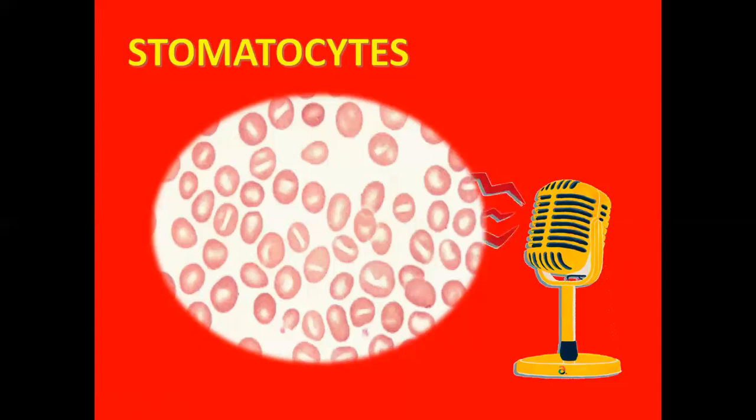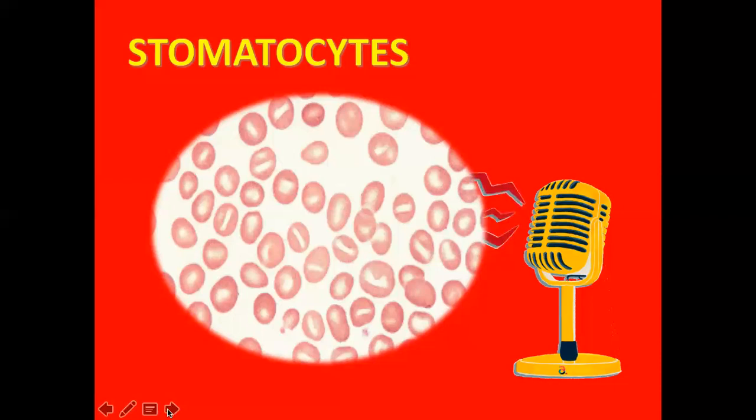Additional conditions associated with numerous stomatocytes in the peripheral blood smear may also indicate Rh null disease, and aside from that, obstructive liver disease and alcohol excess. Less common causes for this type of poikilocyte may be hydroxyurea therapy and myelodysplastic syndromes.